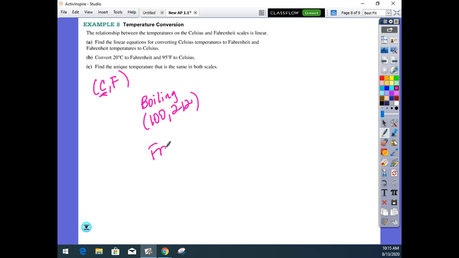For freezing, this is where metric's kind of nice. Boiling's 100, freezing is 0. And then we get these weird numbers in English: Fahrenheit, 212 for boiling, 32 for freezing. Okay, and we just find our slope.